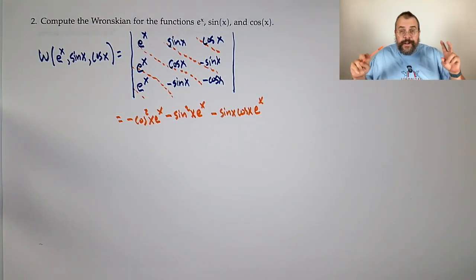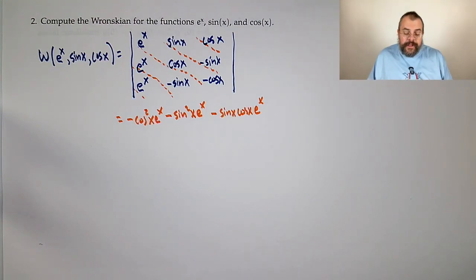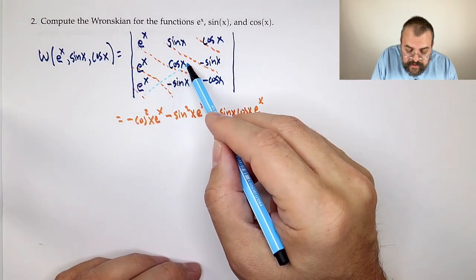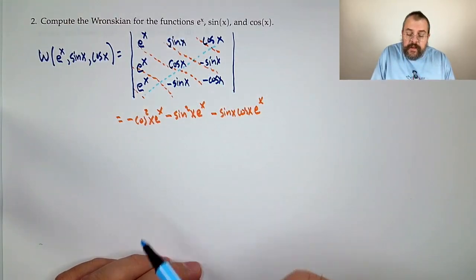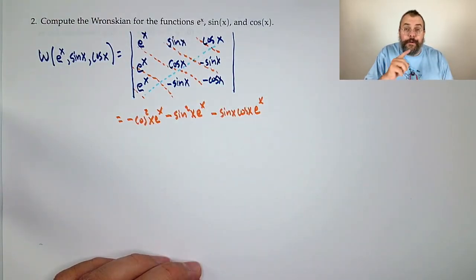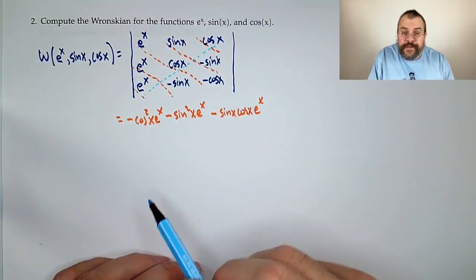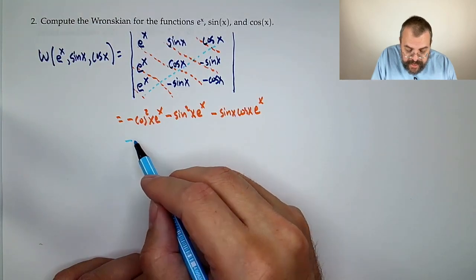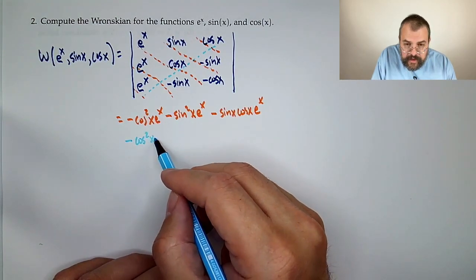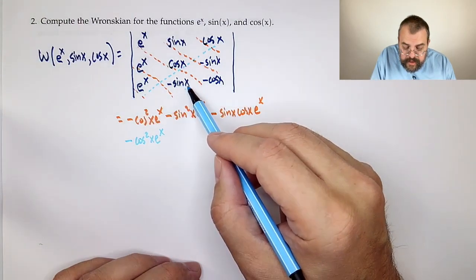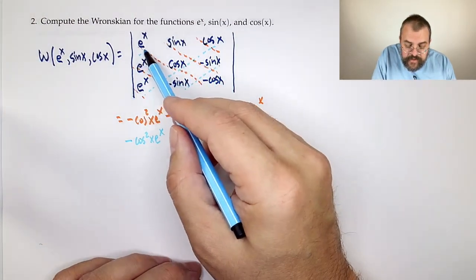All right, so those are the down diagonals. Now the up diagonals. e to the x, cosine x, cosine x. So that would be cosine squared e to the x. Remember, when we go down, add; up, subtract. So subtract cosine squared x e to the x. Then the next one, negative sine, e to the x.